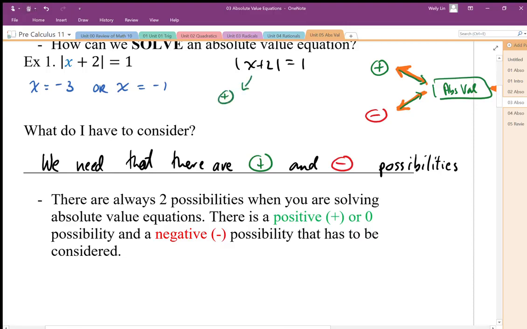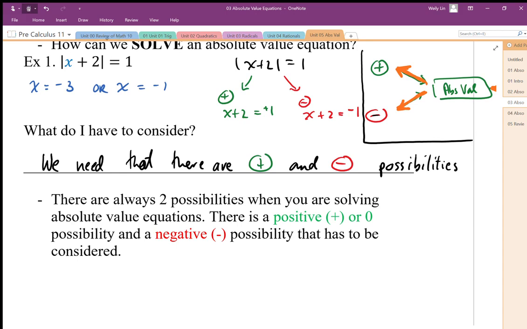I have a positive possibility where x plus 2 equals 1, but the inside could also have equaled the negative possibility, where x plus 2 is equal to negative 1. I'm going to separate these. Here are two possibilities, and will they give us the two solutions we were looking for?